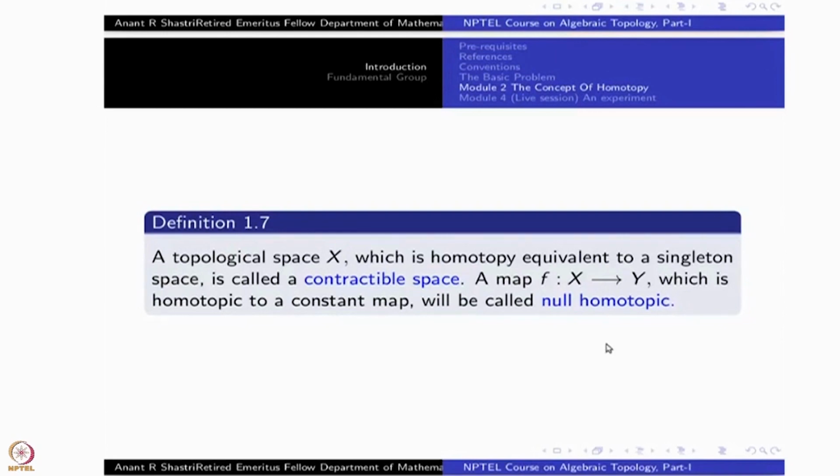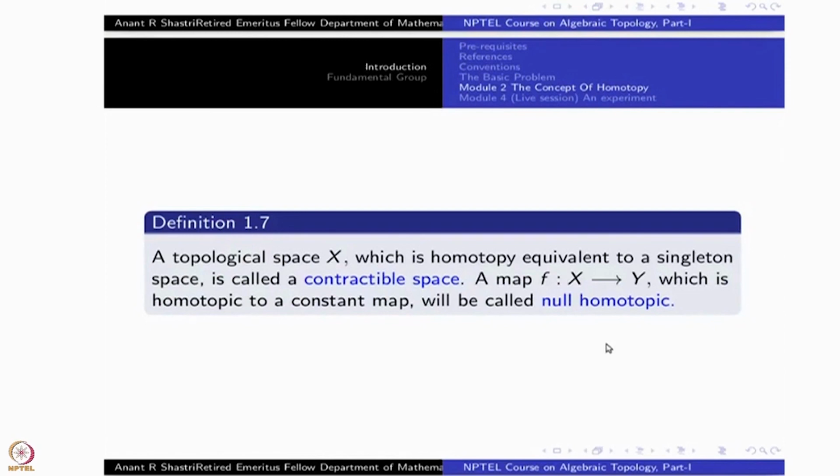Such a thing is called a contractible space. Up to homotopy type, there is no difference between any contractible space and a single point because they have the same homotopy type. So all the homotopy theoretic properties will be the same. So such a thing is a contractible space.